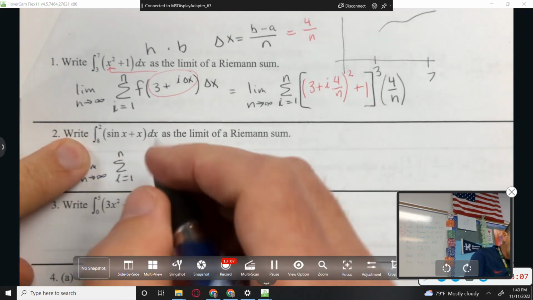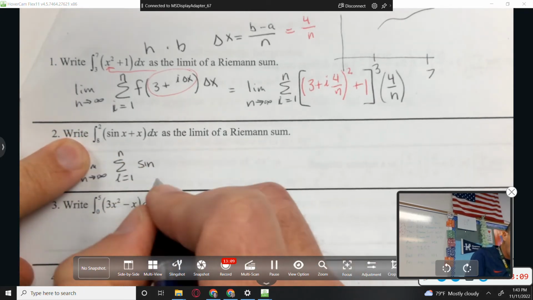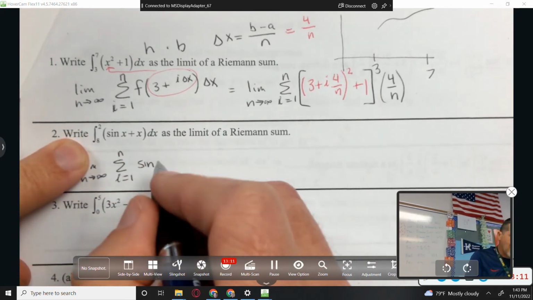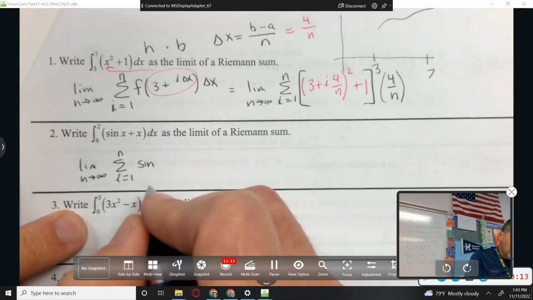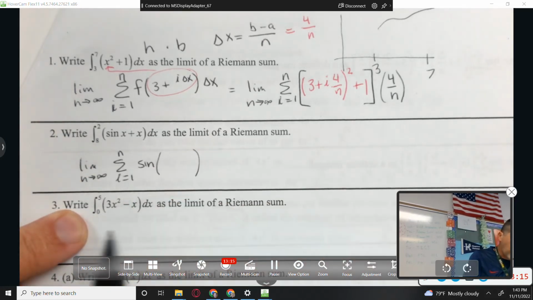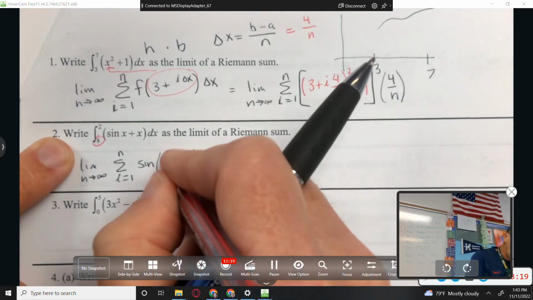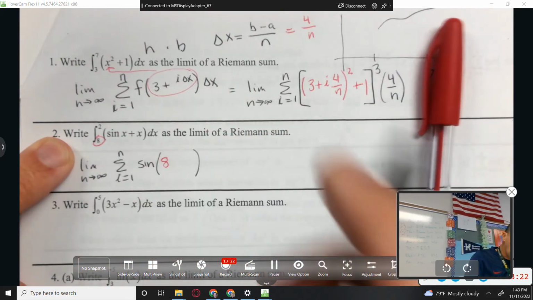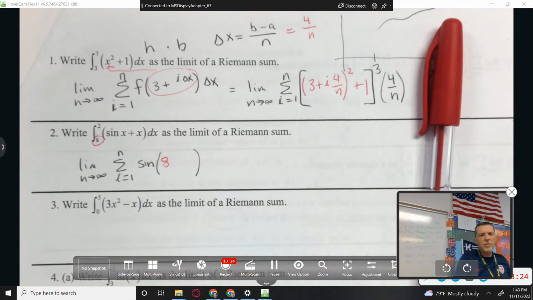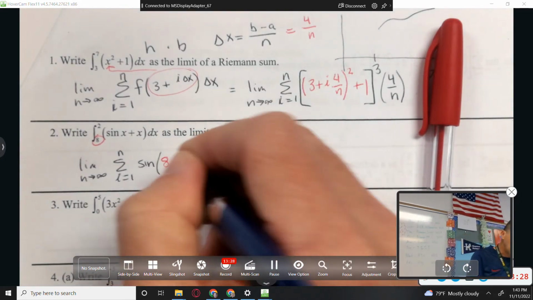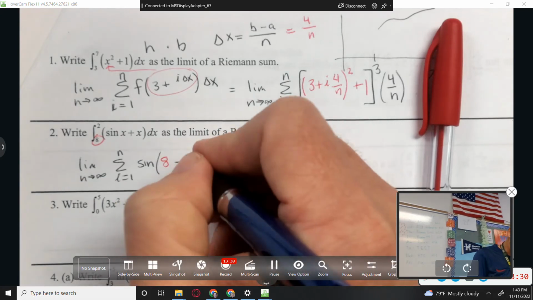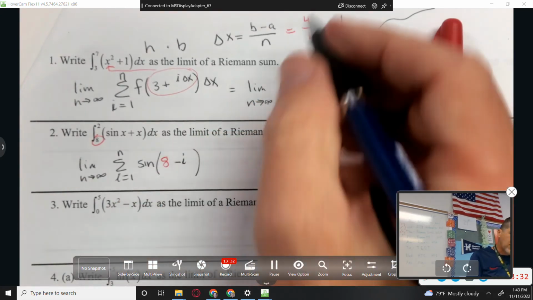I'm going to plug it in, so it's going to be sine of x, and what's our starting value? It's 8. But I'm going backwards to 2. Minus delta x? So minus i, and then delta x.